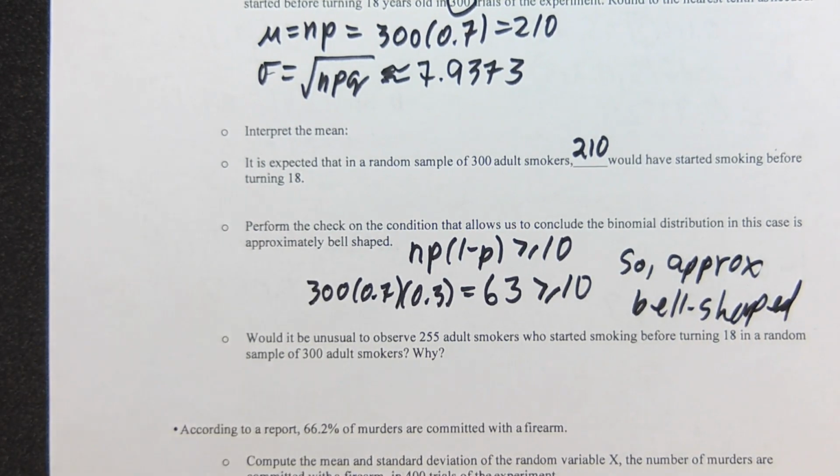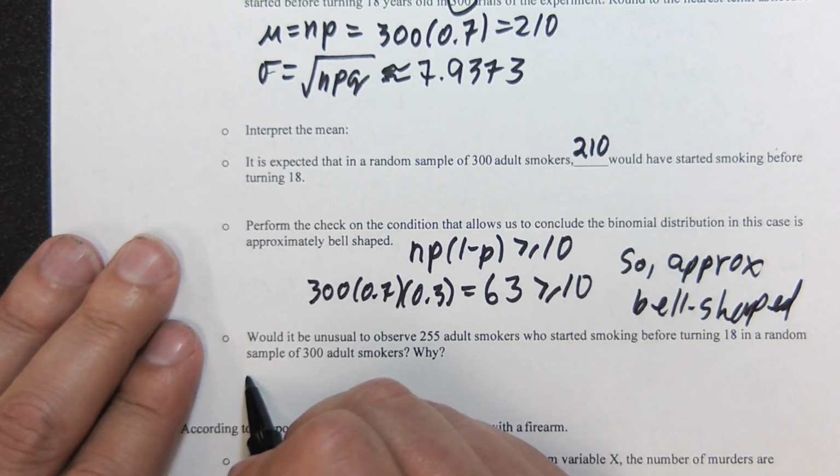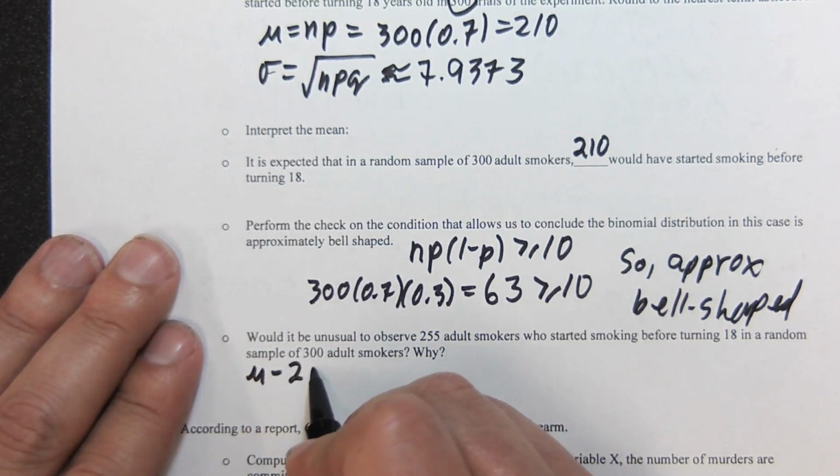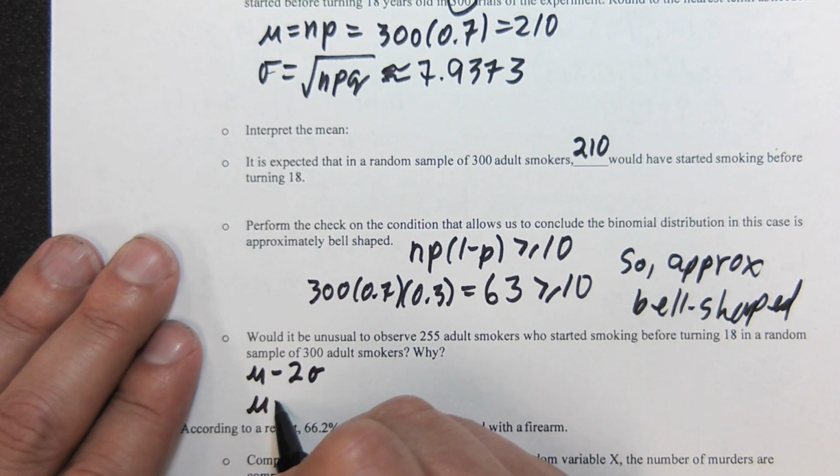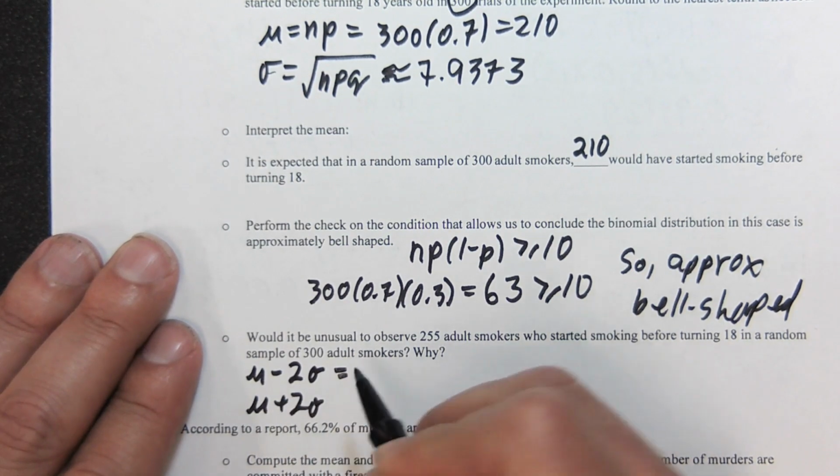Would it be unusual to observe? Remember, unusual or usual means 2 standard deviations away in either direction. So I'm going to go mean minus 2 sigma and the mean plus 2 sigma and see what we get.